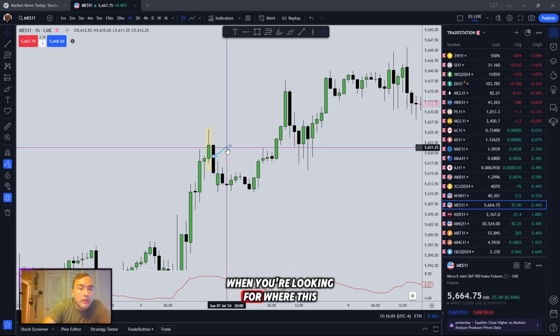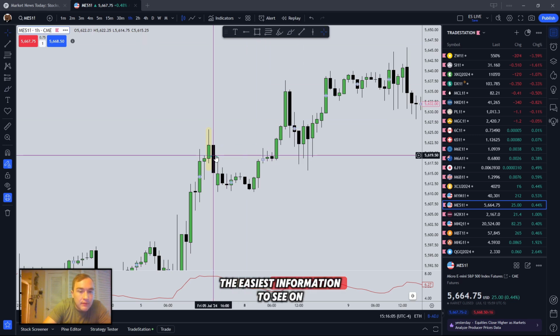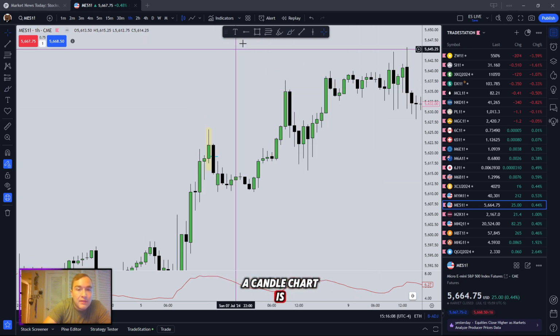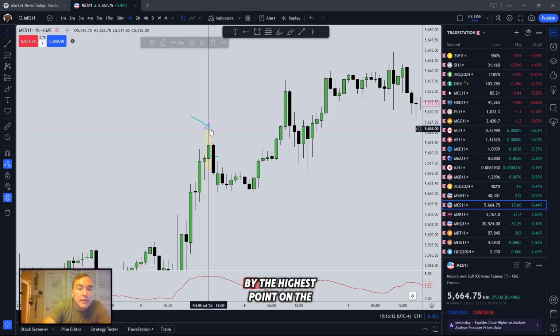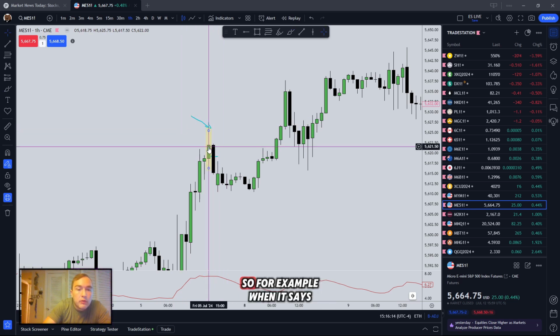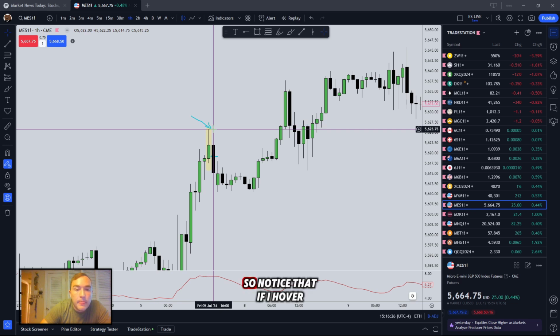And when you're looking for where this information is, the easiest information to see on a candle chart is the high and the low, which are always going to be demonstrated by the highest point on the candle. So for example, when it says OH, the H is 5,625.75. Okay, so notice that if I hover my cursor over 5,625.75, that is the highest point of that hourly candle.